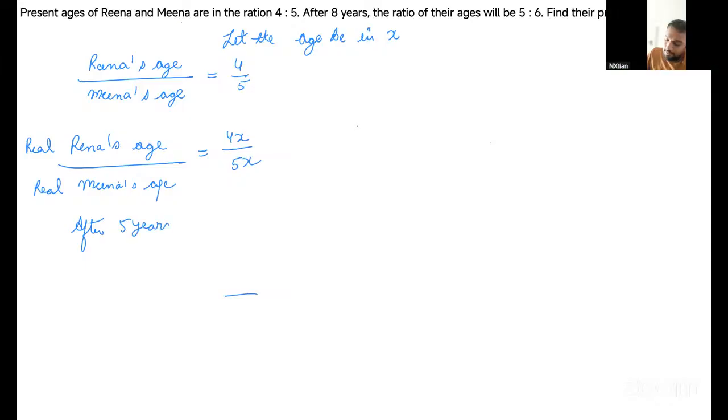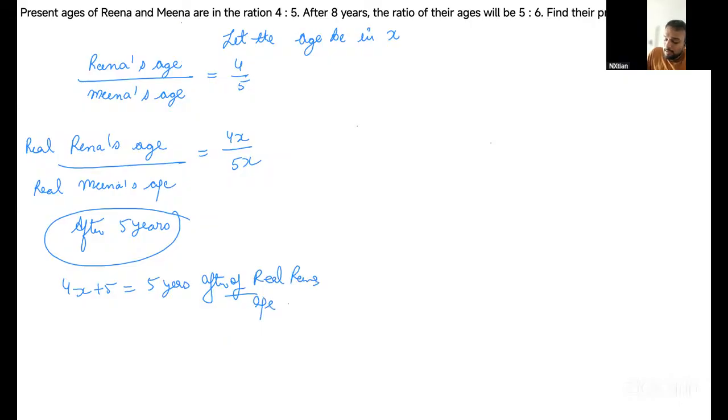After 5 years, Reena's real age was 4x, so it will become 4x plus 5, which is 5 years after her real age. And Meena's real age will become 5x plus 5.